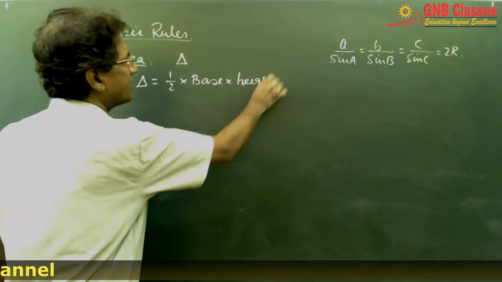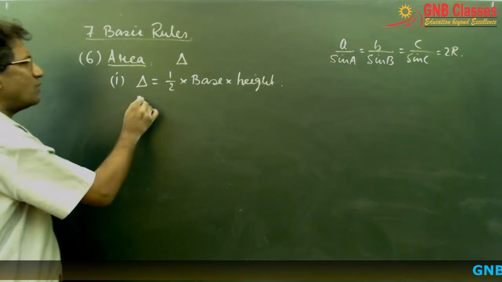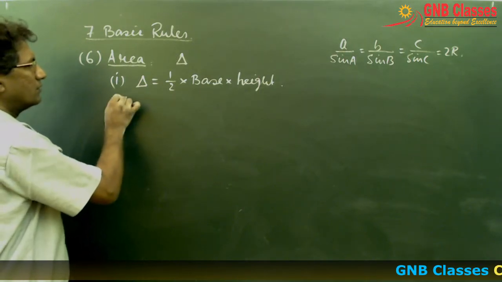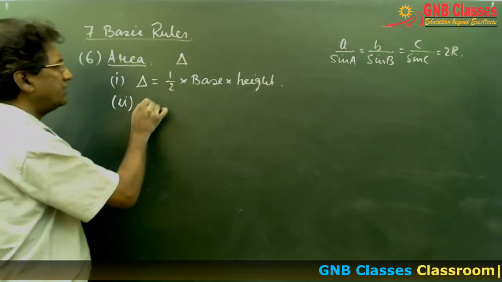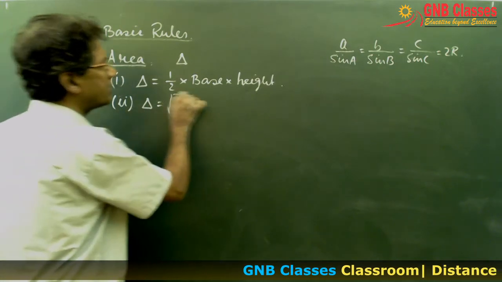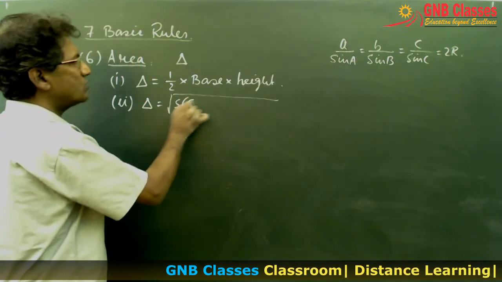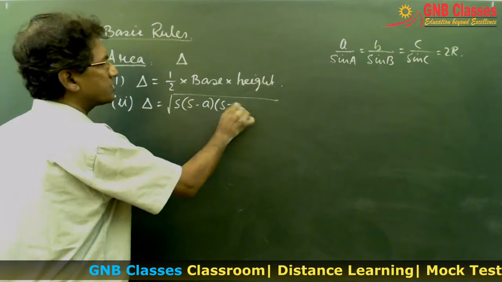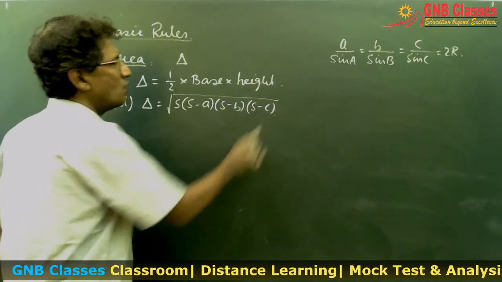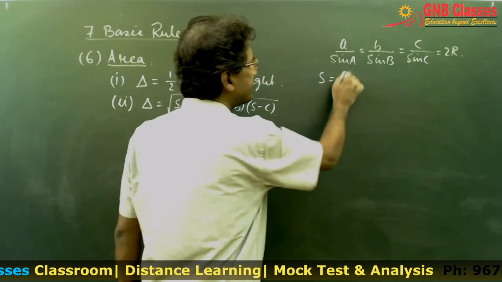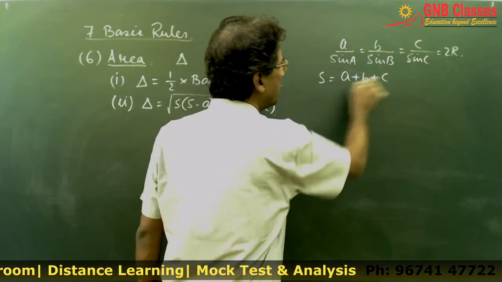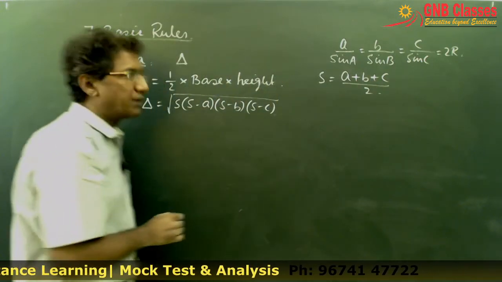This we have all done in class 10. As well as Heron's formula we have learned: delta is under root s(s−a)(s−b)(s−c), where s is the semi-perimeter of the triangle. Can you remember it? Absolutely, right?